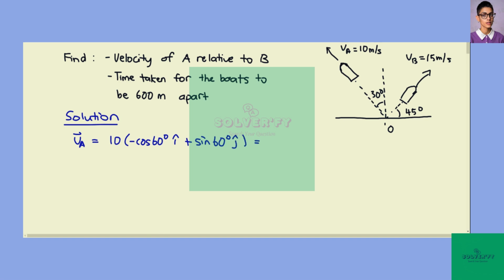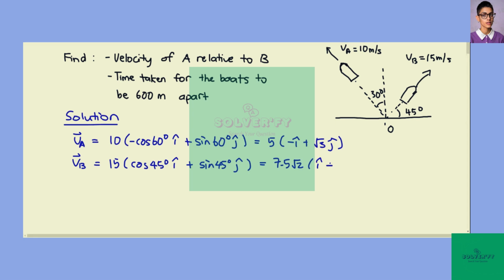So this is 5 times minus i hat plus root 3 j hat. And V_B, based on the diagram, we have 15 cosine 45 degrees i hat plus sine 45 degrees j hat. So we have 7.5 root 2 times i hat plus j hat.